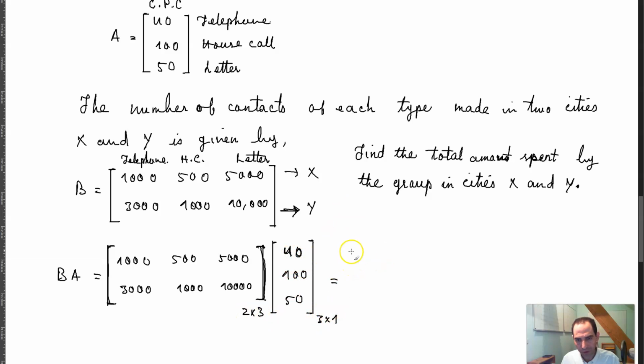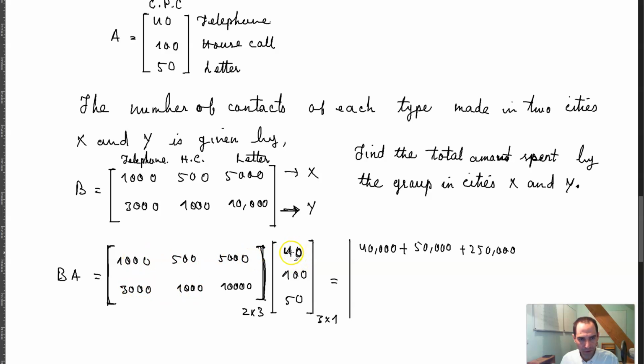Which means that you will get 1,000 times 40 is 40,000, plus 500 times 100 is 50,000. I think the cost is probably in rupees. Plus 5,000 times 50 is 250,000.